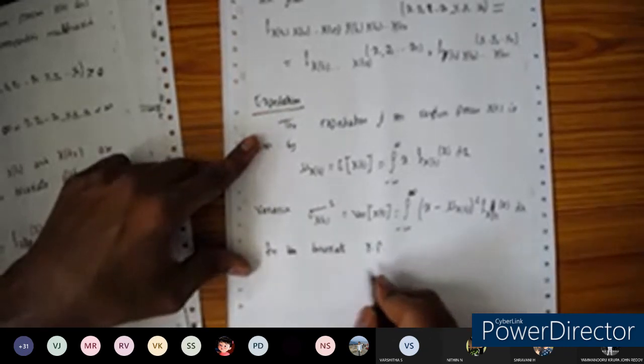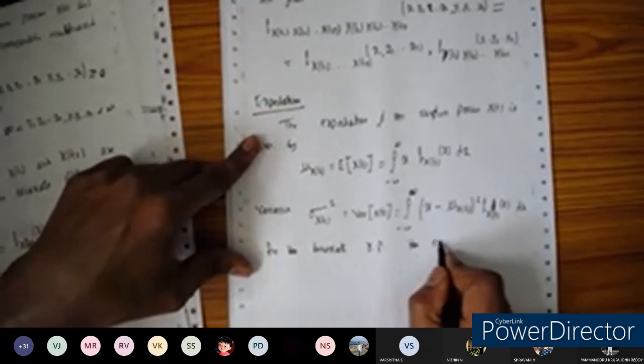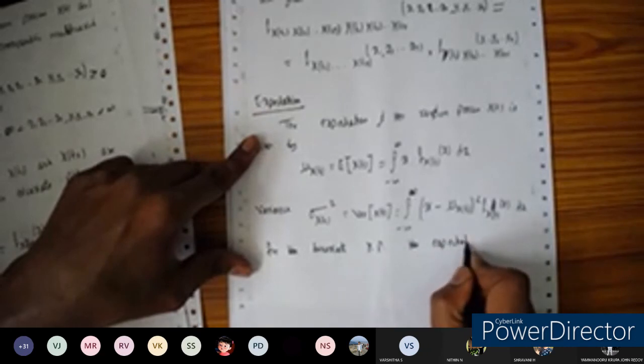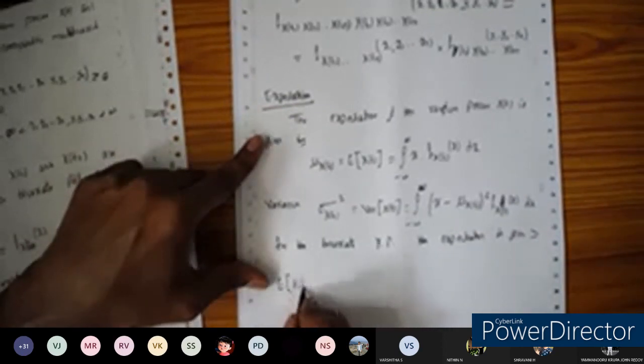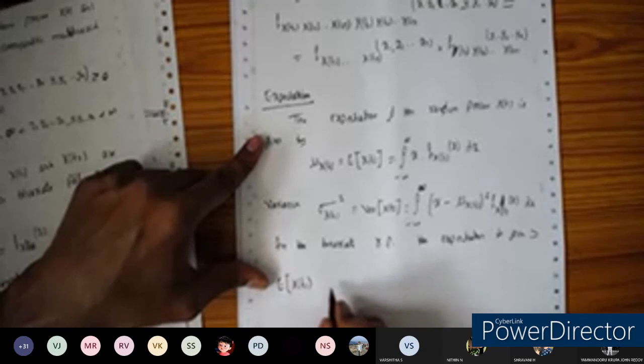For the bivariate random process, we can define the expectation like this: expected value of x of t1 and x of t2.